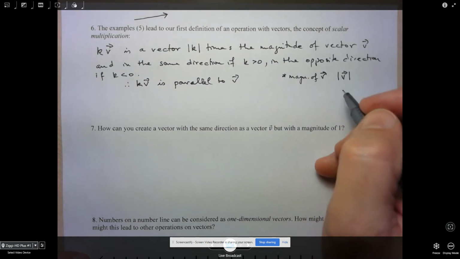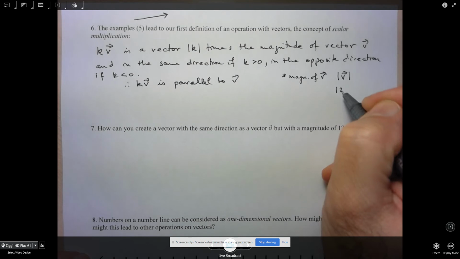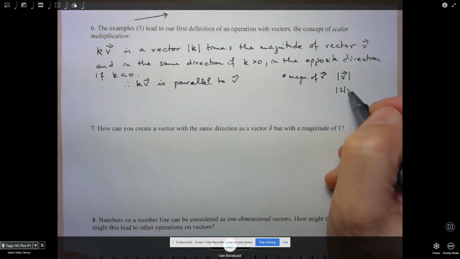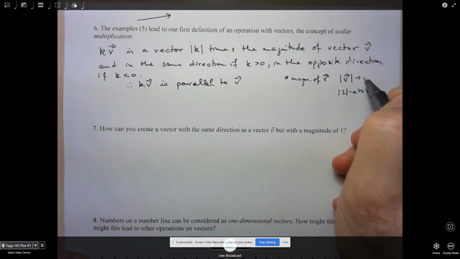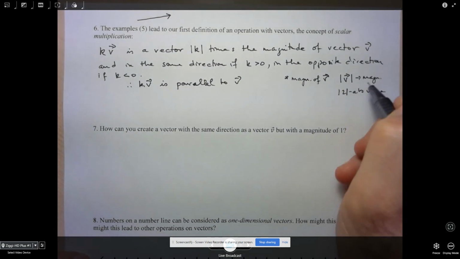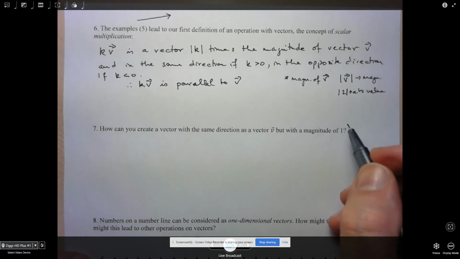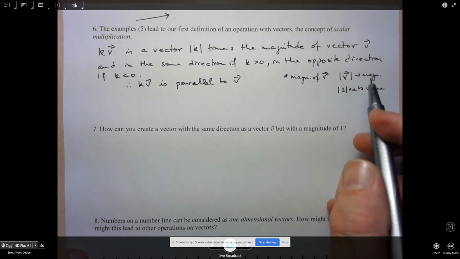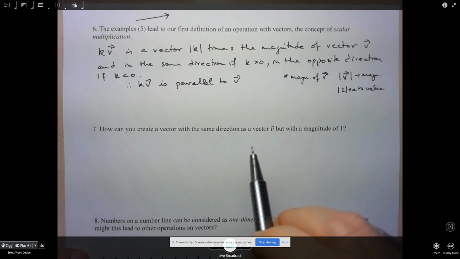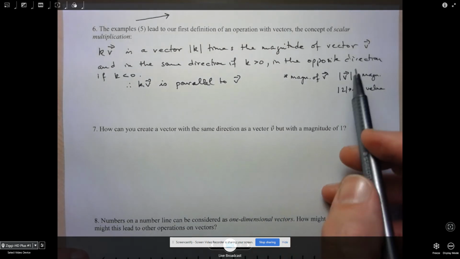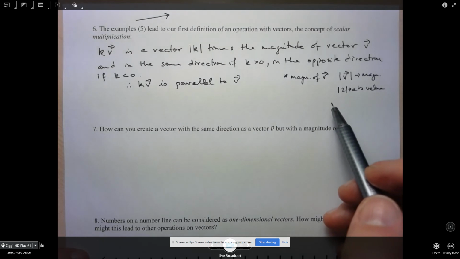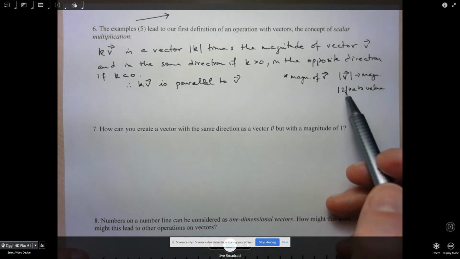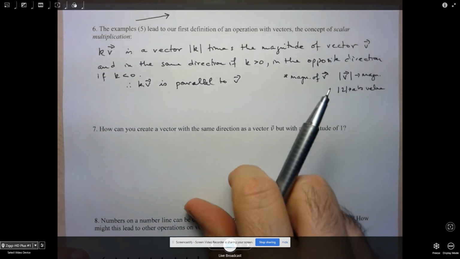So the absolute value of 2 is written this way, and this represents magnitude. So you might ask yourself, how am I going to know whether I'm finding the magnitude of a vector or the absolute value of a number? Well, it's all about context. If you see something with a little arrow around it, then we're talking about magnitude. If you see something around a scalar quantity, a number, then we're talking about absolute value.